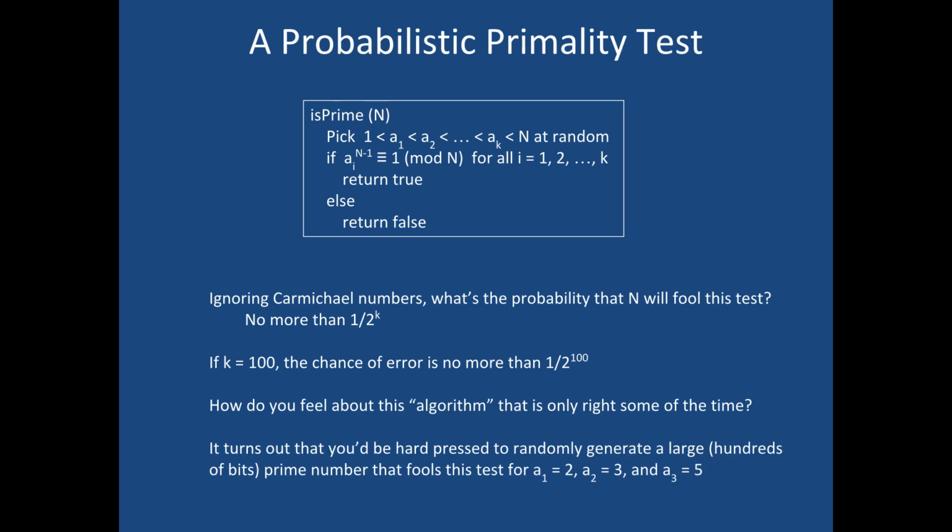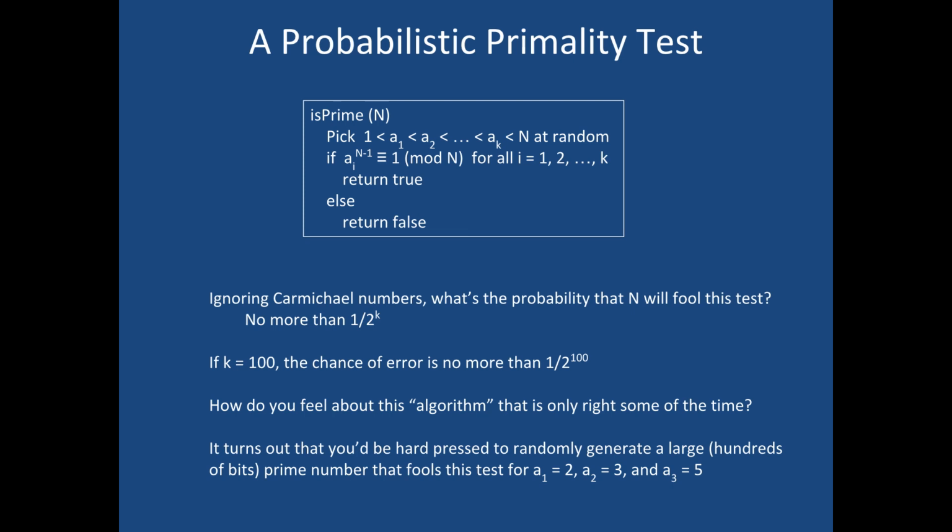It turns out, this is where I started to say, Prince, when you asked your question, you don't even have to pick. To a first approximation, if you just use 3 numbers, A equal to 2, 3, and 5, and did the testing, you wouldn't be fooled very often, even for hundreds of bits.